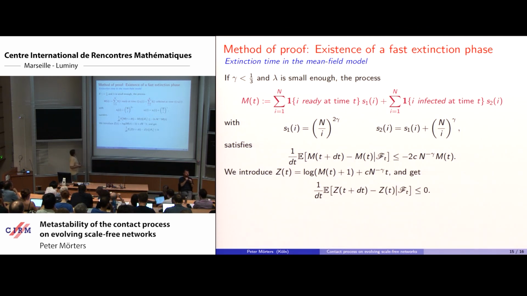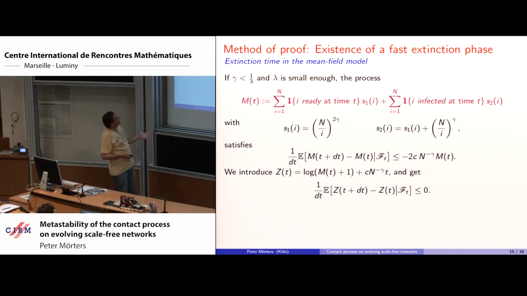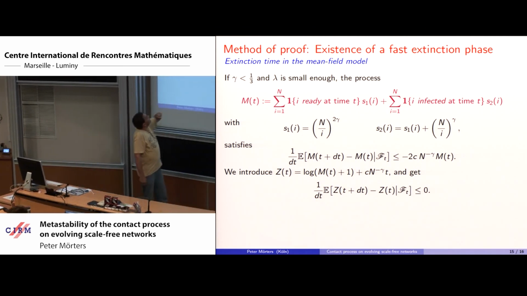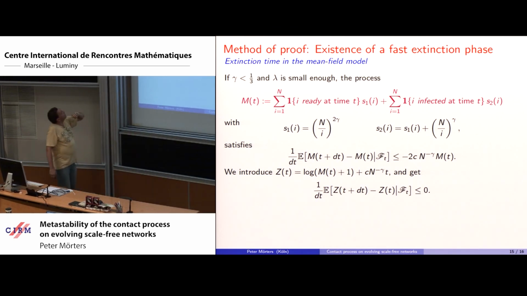So if you now take z of t as log of m of t plus 1 plus this drift, then the drift by the chain rule is negative, and you have a supermartingale up to the time when you have extinction of the infection, then the score becomes 0.